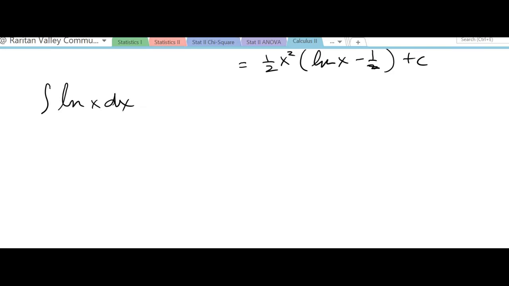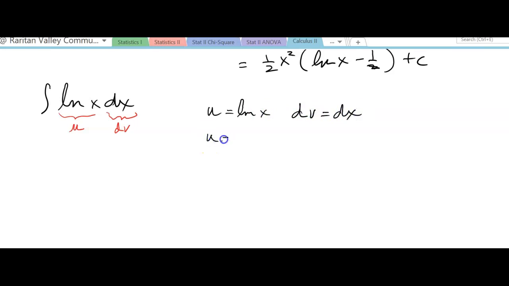You have a product because this can be your u, as we just saw in the last problem, and 1 dx can be your dv. Watch. u equals ln x, dv equals just dx.